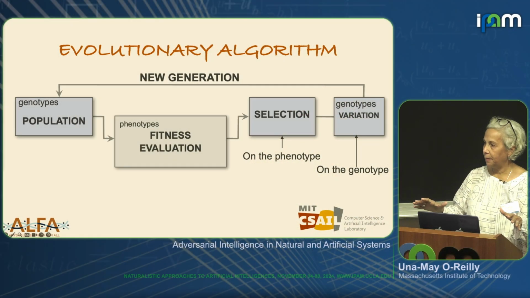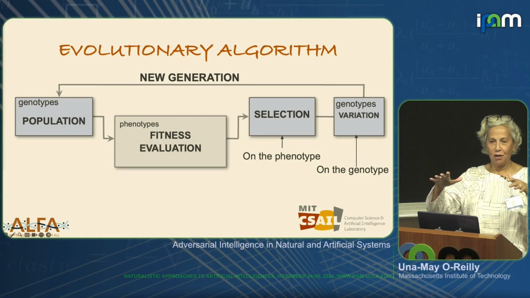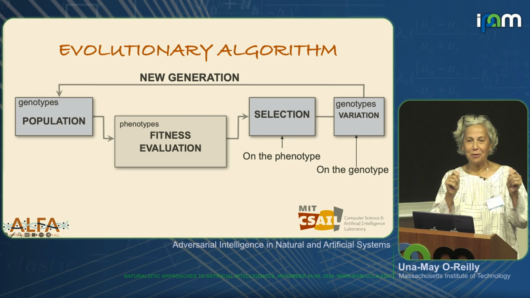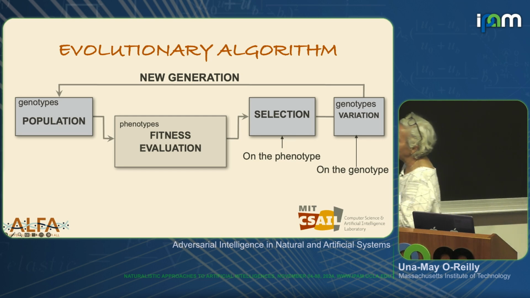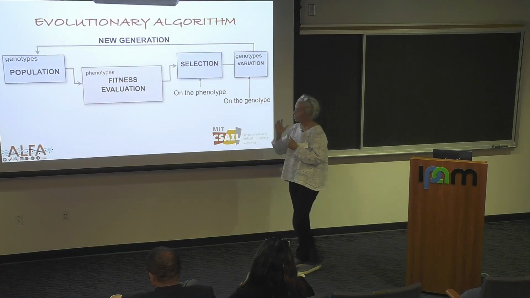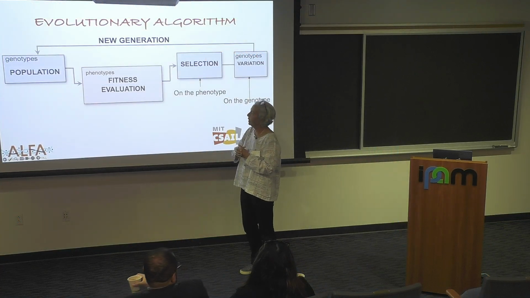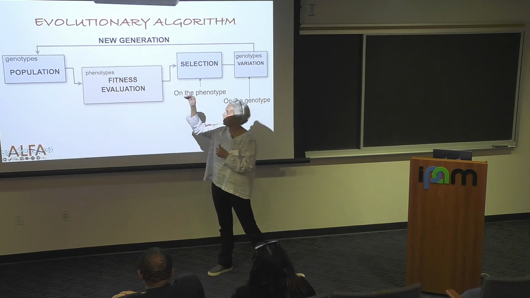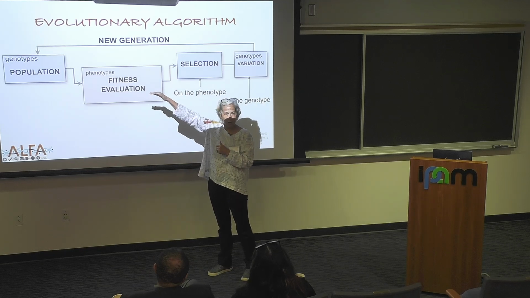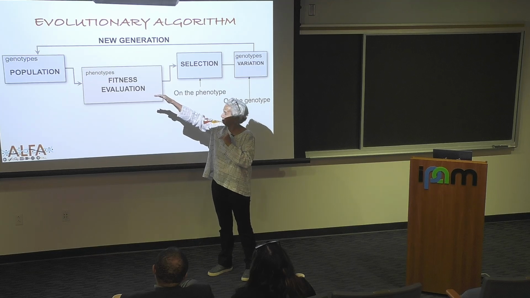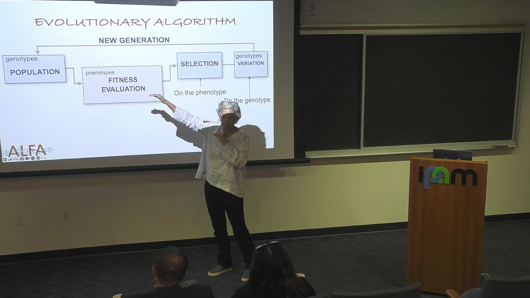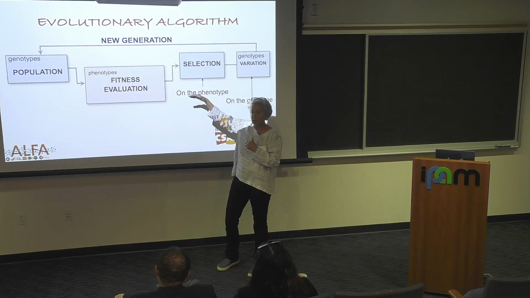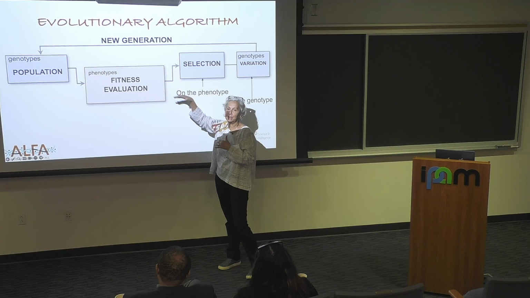And I just thought I'd put it on the page to make sure we're all on the same page with it, and actually to draw some connections and connect some dots between all the work that's been going on here for the week. So in an evolutionary algorithm, we start with a population of genotypes, and they're translated to phenotypes. So they move from a representation in our algorithms, which is numeric or binary, or looks like code perhaps, and then they are translated so that they actually have some behavior in a phenotype space.